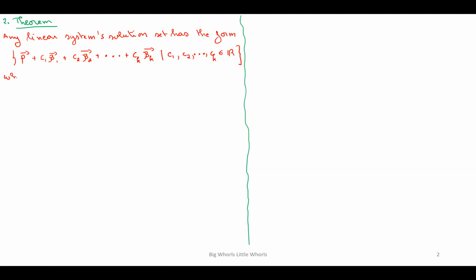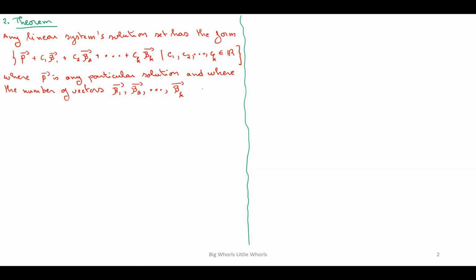So where P is any particular solution, and where the number of vectors beta 1 to beta K equals the number of free variables, of course, as we have seen so far.